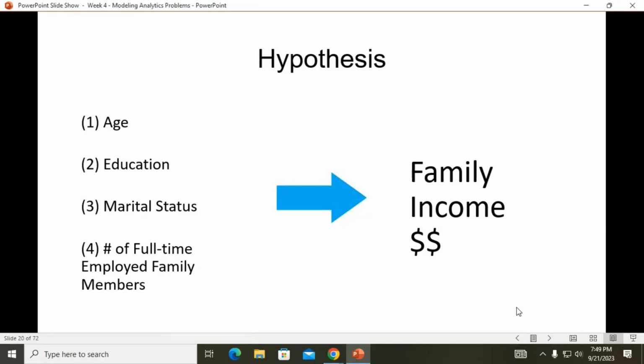That is changing. But so that might mean that they make more. Level of education affects that as well, which again, not always. But marital status. So if you have two people contributing, that might be more than say one person. And then the number of full-time employee family members.